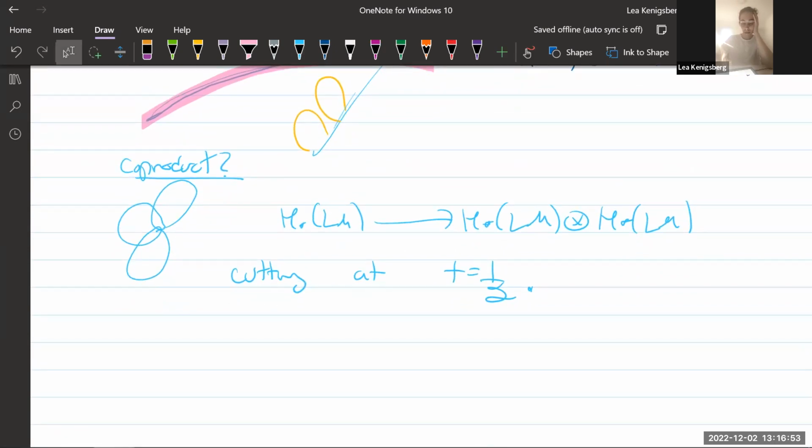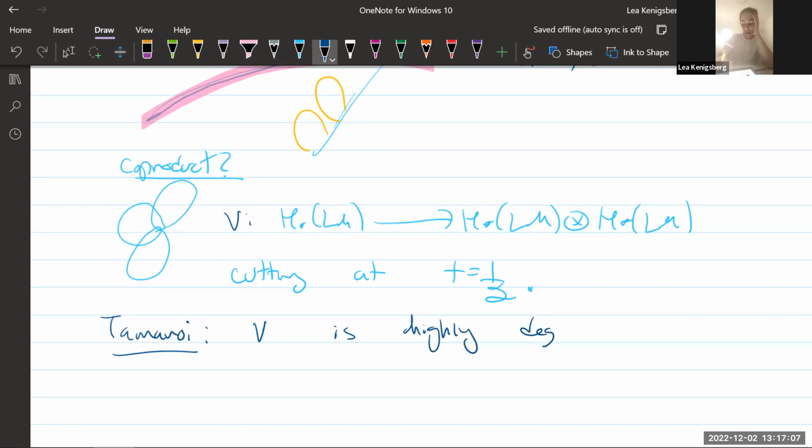So this is a theorem by Tamanoi, who says that this coproduct structure is highly trivial. It is highly degenerate. It vanishes in all degrees, degree 0 to n.